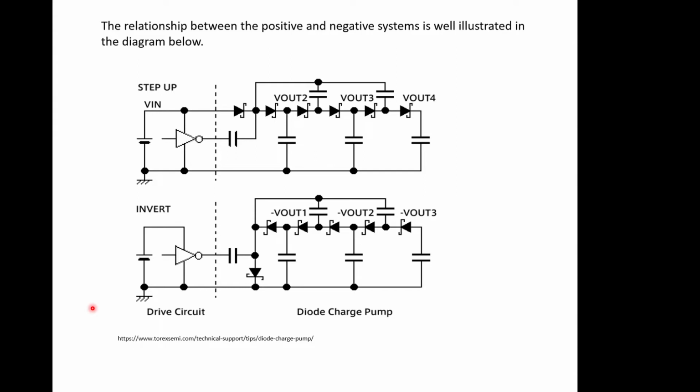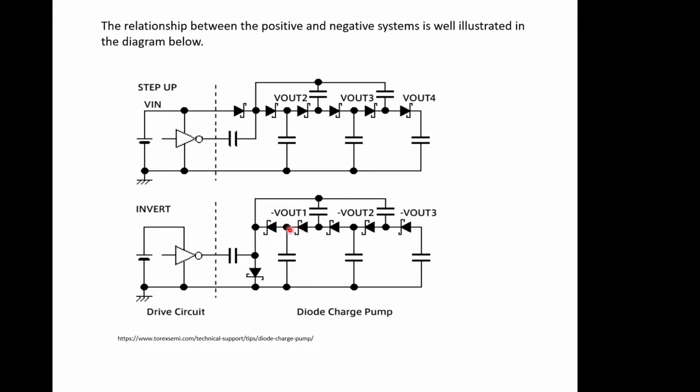And I found this quite a nice data sheet. If you look at this, there's nice pictures in there. A lot of this stuff's not very well covered out on the web. It's one of these subjects that people just don't seem to want to get into. But this is a nice diagram that shows the similarities between the step up and the invert step up systems, and you can see that they're remarkably similar except for the direction of the diodes in the two types of circuit.